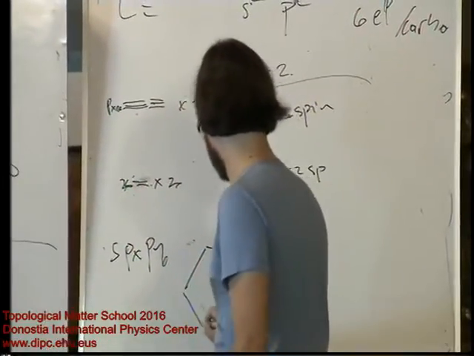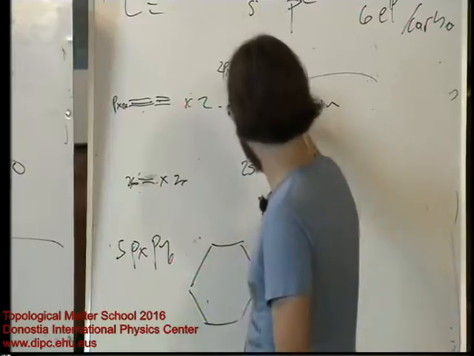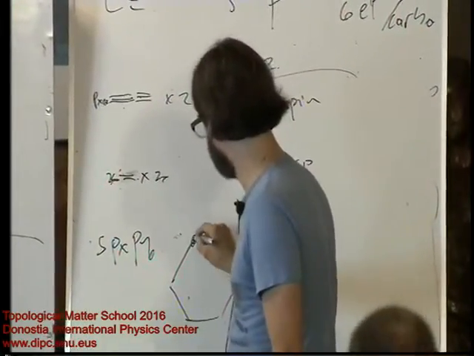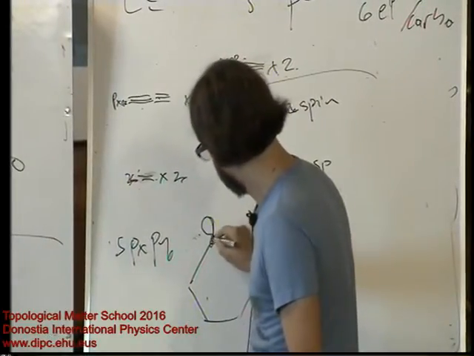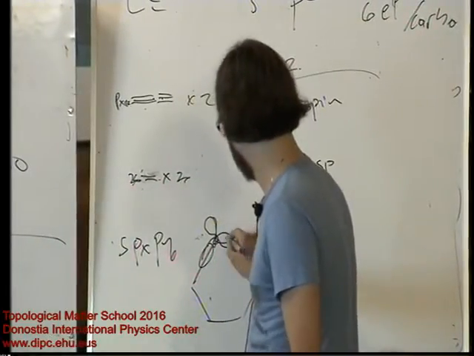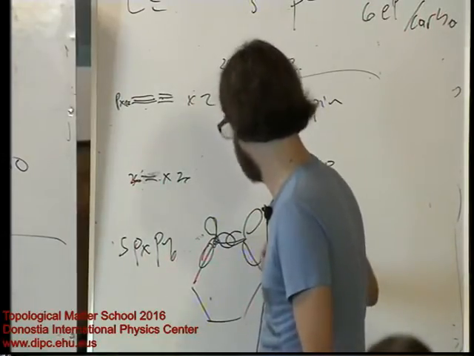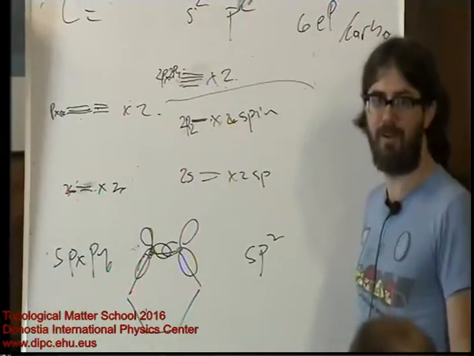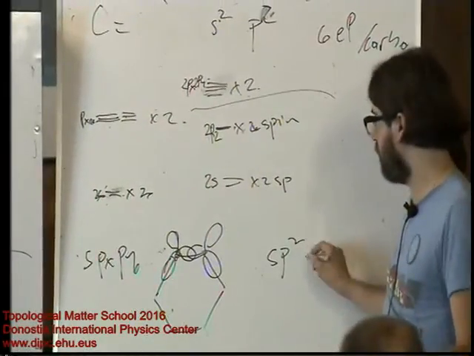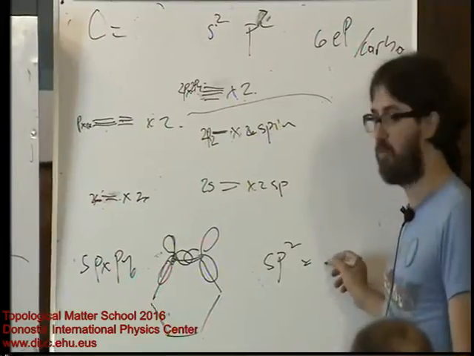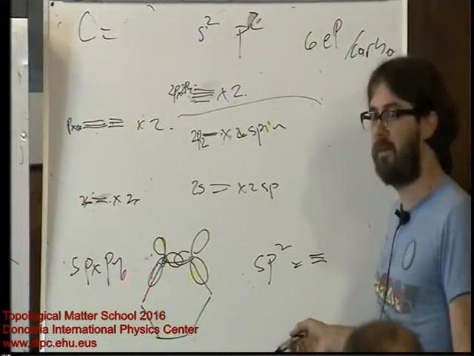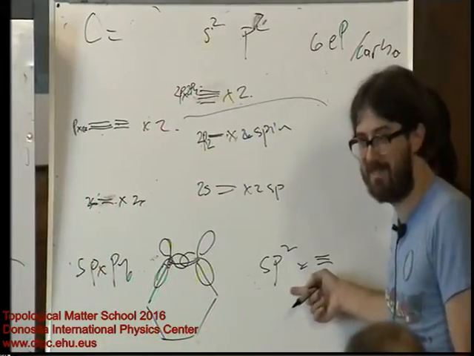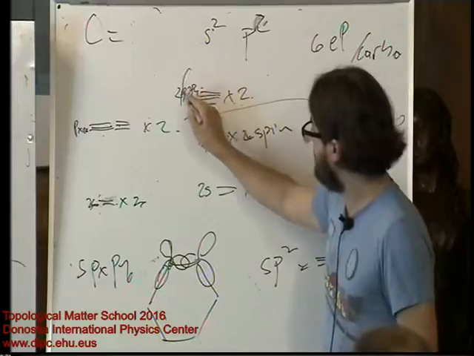The pz band is inert, it doesn't couple with any of these. What's an sp2 orbital? There are 3 of them, 1, 2, 3. And I can have bonding and anti-bonding sp2 orbitals.